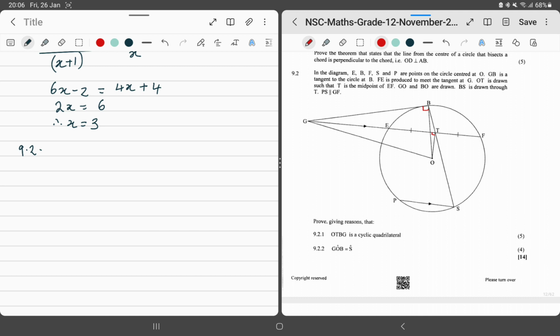Okay. And then I know that this angle right here should be equal to that angle because of corresponding angles. 9.2.1. So I need to prove that OTBG is a cyclic quadrilateral.